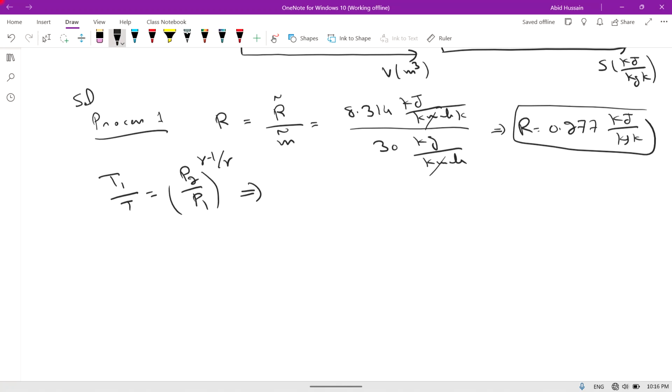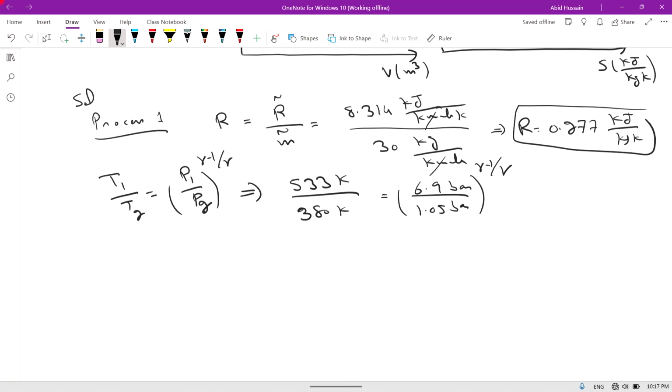Or we can write this equation as T1 divided by T2 is equal to (P1 divided by P2) to the power (gamma minus 1) divided by gamma. T1 is 533 Kelvin, T2 is 380 Kelvin, P1 is 6.9 bar and P2 is 1.05 bar. Kelvin will be cancelled with Kelvin, and bar with bar.